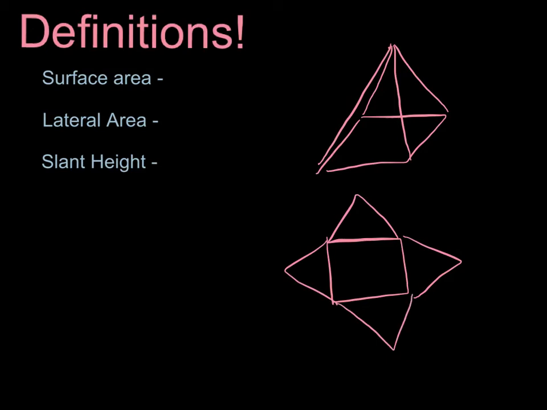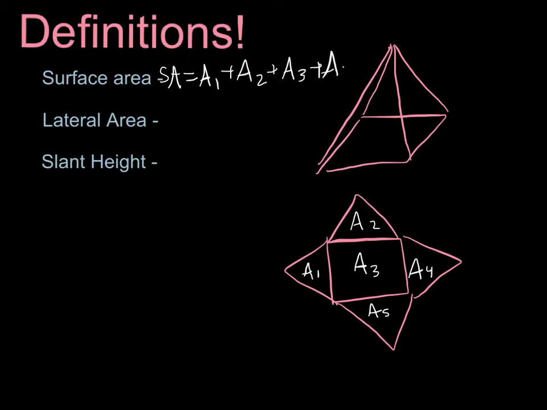So the total surface area would be if I took area 1, area 2, area 3, area 4, and area 5, and I added them together. So the surface area would be area 1 plus area 2 plus area 3 plus area 4 plus area 5.